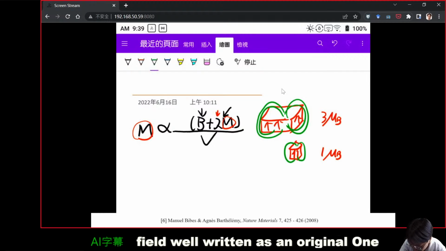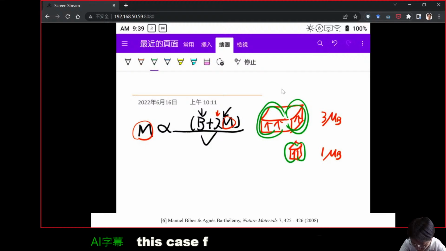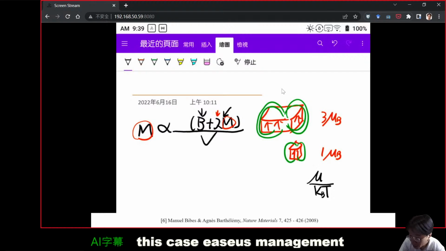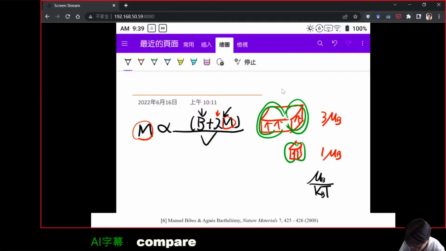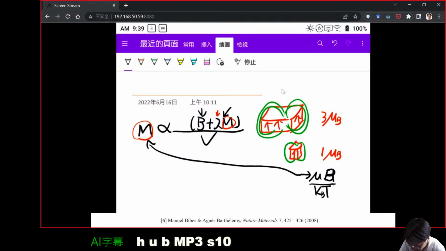And in this case, the thermal energy, typically we write k_B T. If the thermal energy is compared to your internal magnetic energy, sorry, mu B, and this mu is the same as this magnetization.